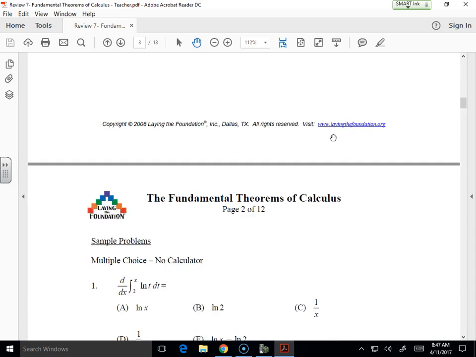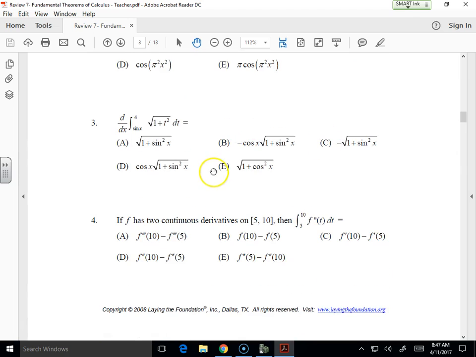For number 3, same thing except it's rearranged. It's supposed to be from A to U, not U to A, so how do you work it? Negative. The formula says I need to flip the bounds. It needs to go from A to what they said was G of X. I said A to U because you guys are used to U being another function.